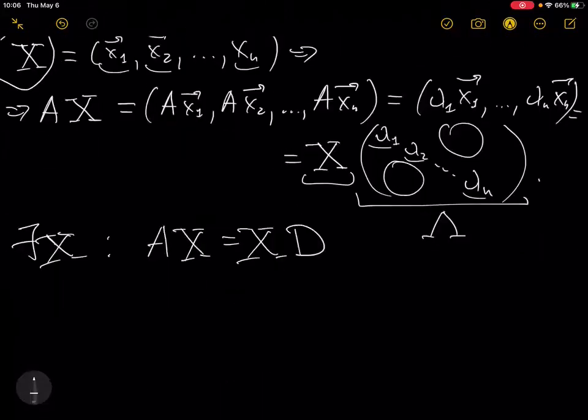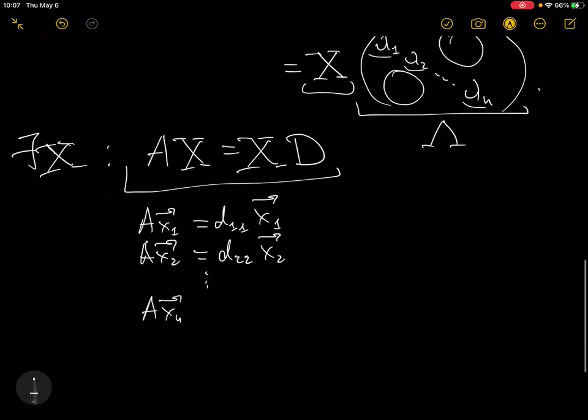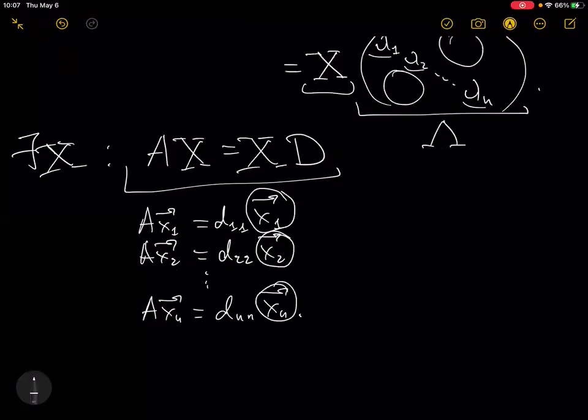But then from here, I'm getting that AX1, the first column, equals D11 X1. AX2 equals D22 X2, diagonal elements, right? And so on. AXN equals DNN XN. But this means that the corresponding columns will be nothing else but eigenvectors of the matrix A with corresponding eigenvalues, which are diagonal elements of D, right?